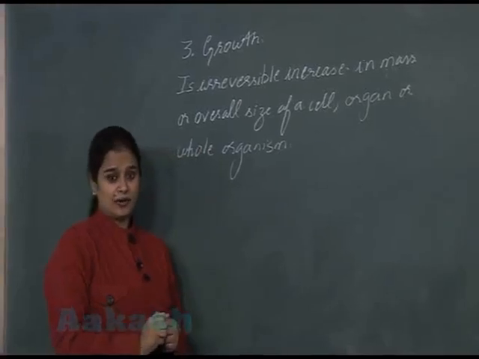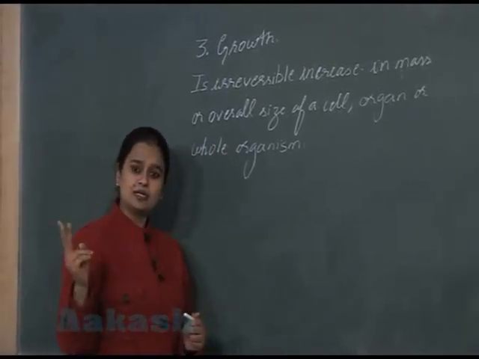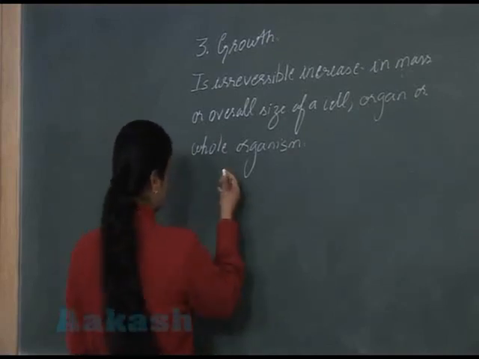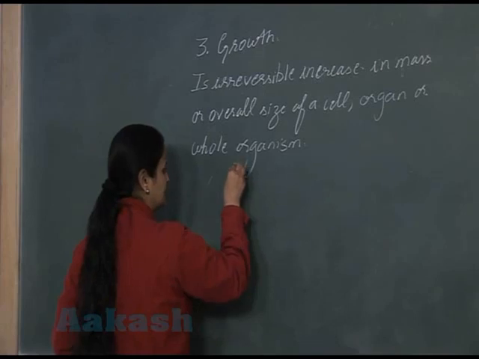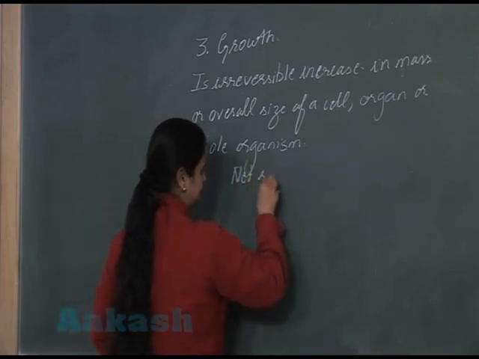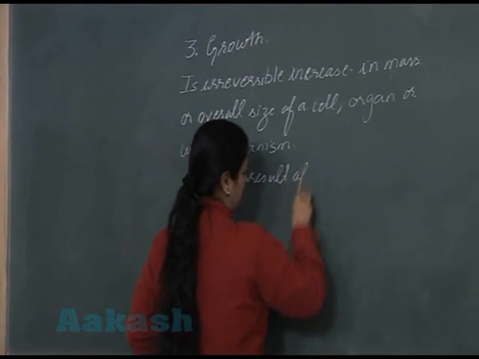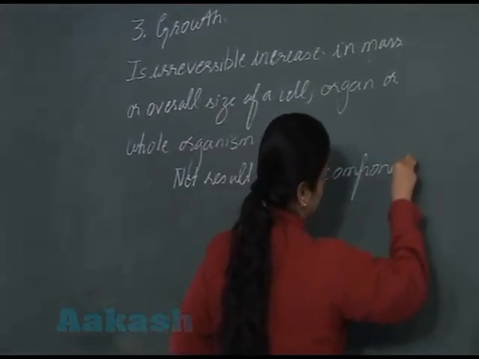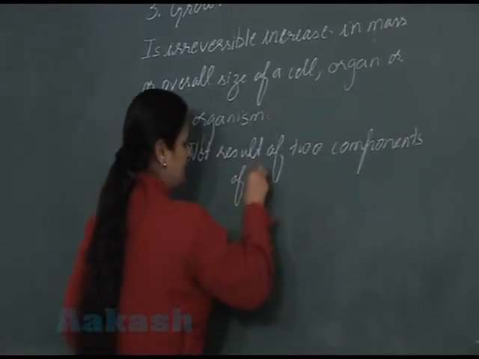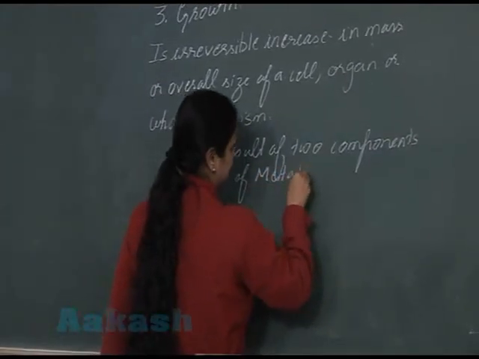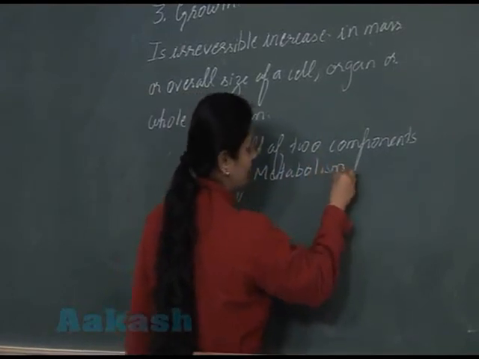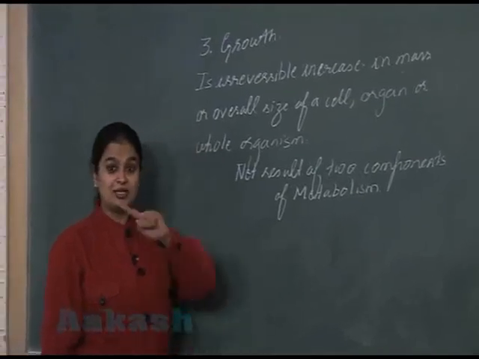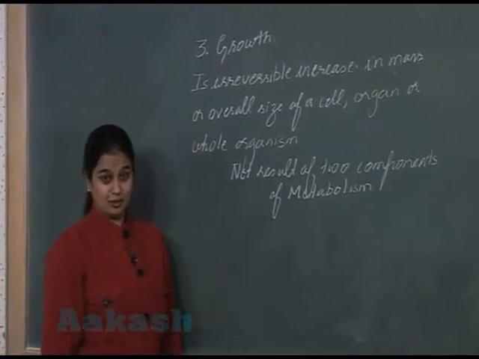Growth occurs in the organism due to the net result of two components of metabolism. The two components we have just discussed are anabolism and catabolism.